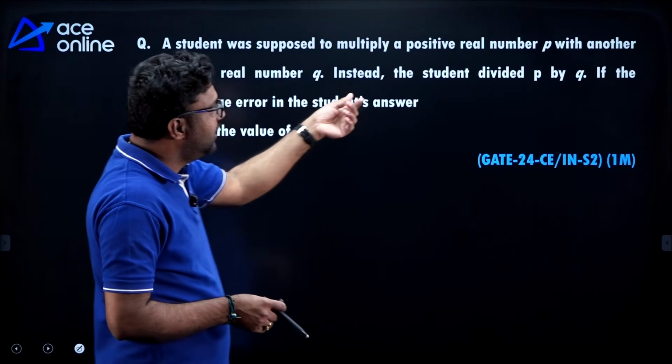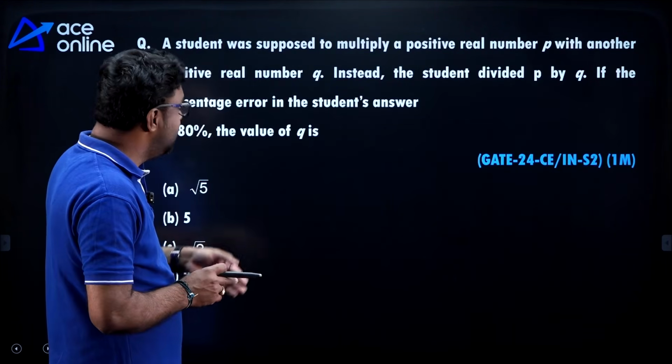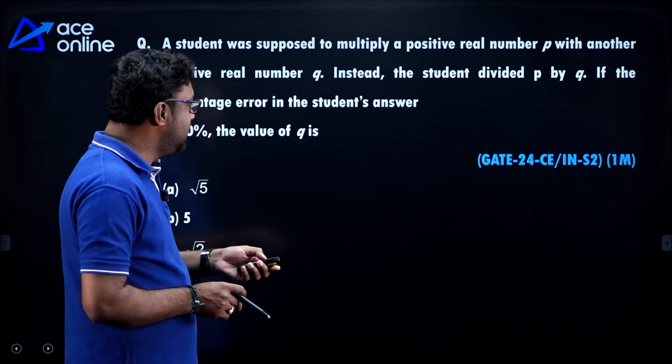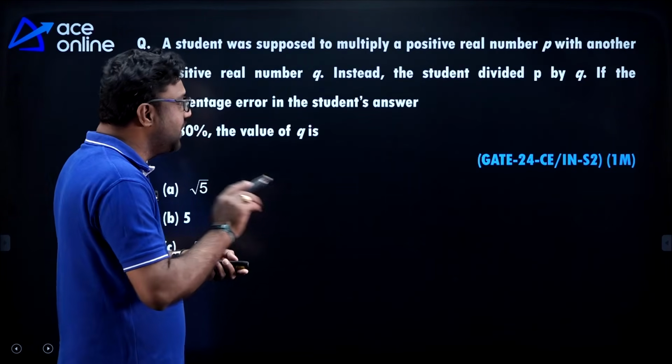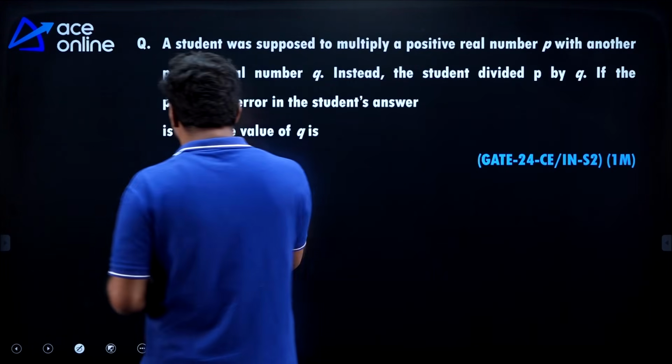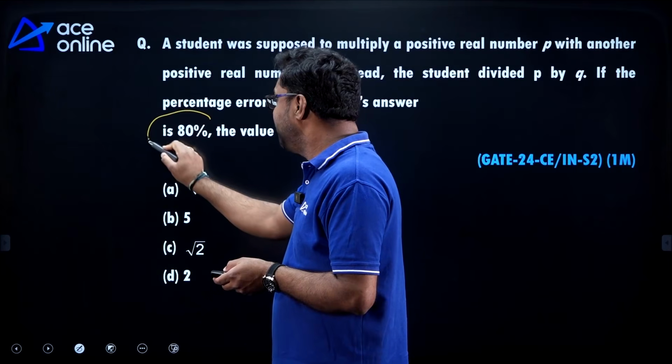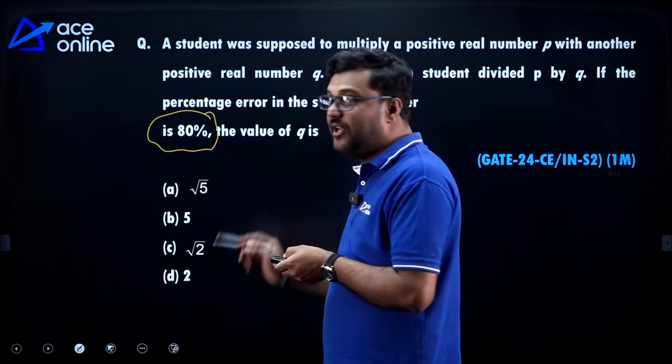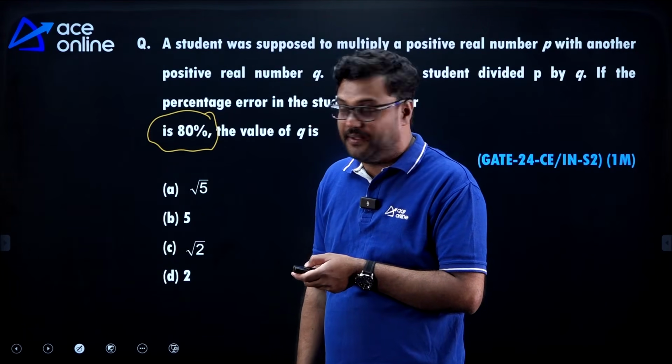But the student divided by q, so there is an error. Instead of multiplying by q, you divided by q. The percentage error is given as 80%. The value of q is the question finally.